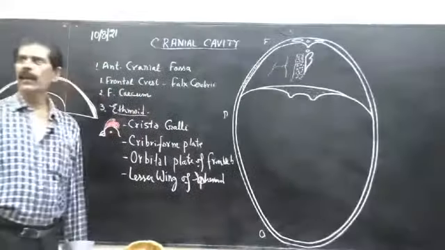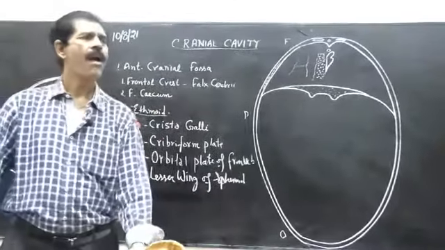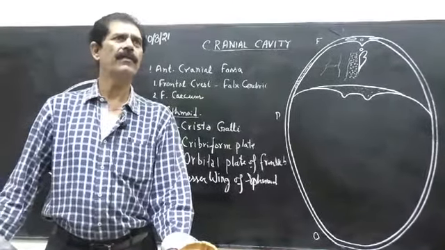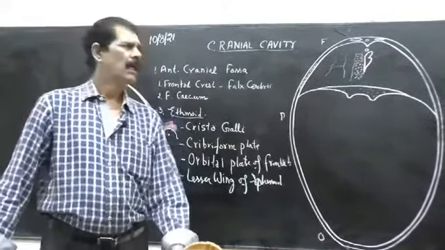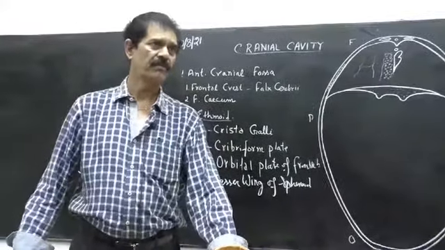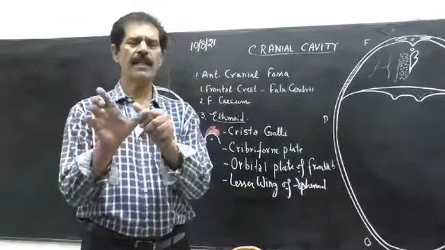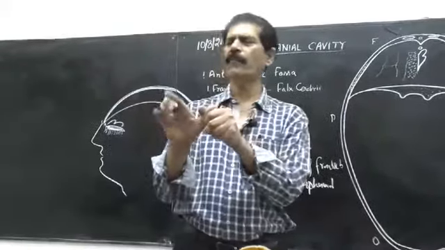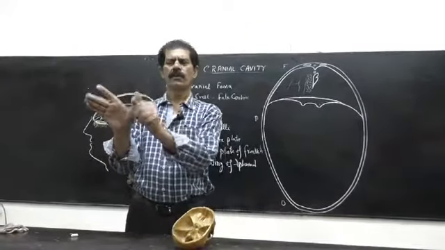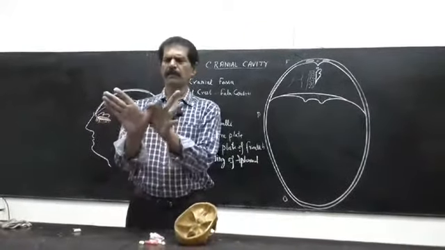So the sphenoid bone lies almost in the middle, a little bit anterior to the middle of the cranial cavity, and it resembles a bat-like structure. As a bat has the body in the middle and wings laterally, this is the lesser wing and this is the greater wing. So totally a bat-like structure.